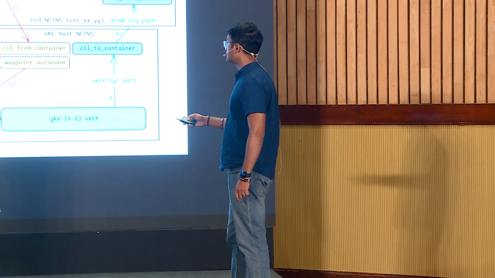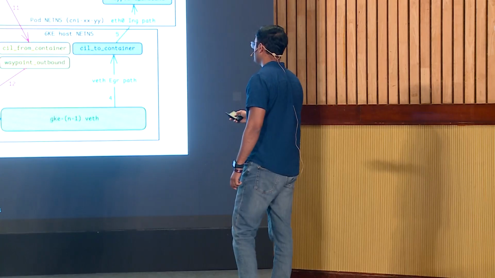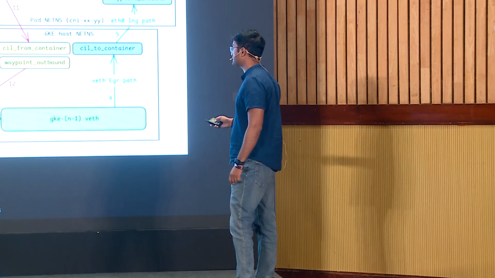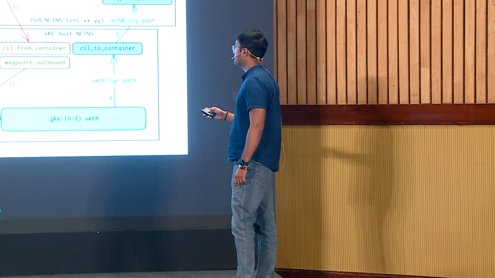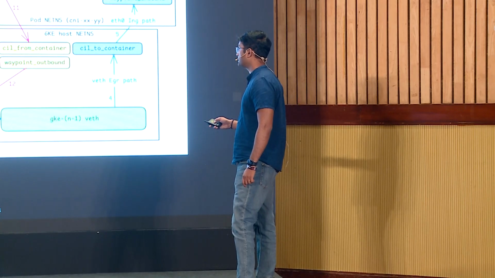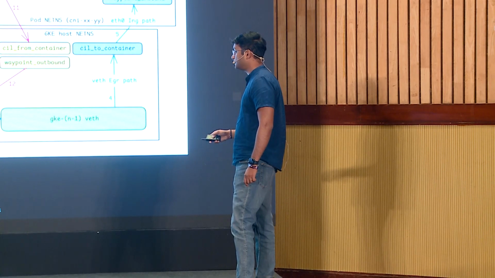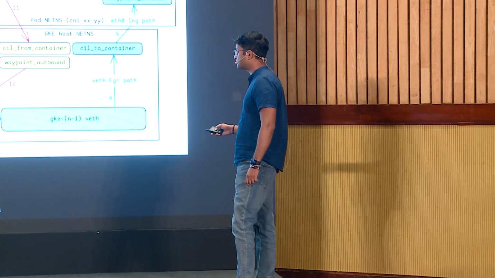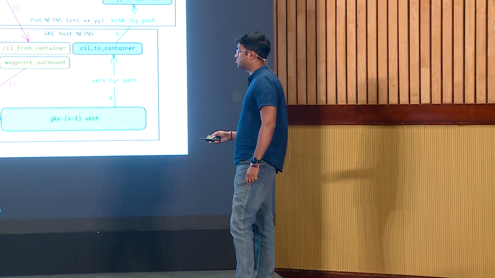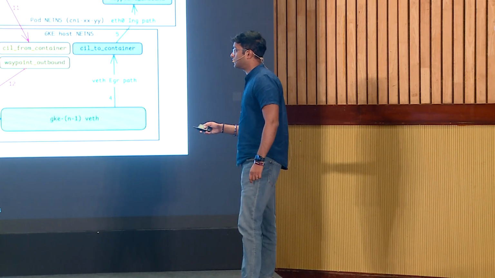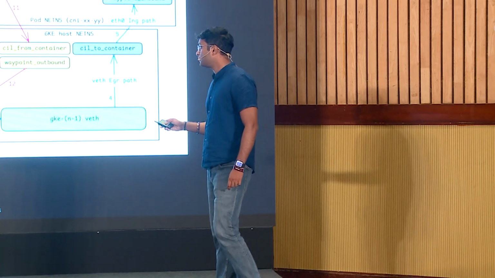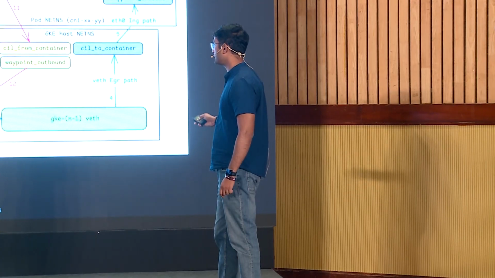And then when Envoy wants to send a packet back, exactly the same path in reverse order is followed. The packet ends up on the cil_from_container program, the waypoint outbound program is executed, which helps us identify the MAC address of the client or caller pod. Once the packet ends up here, the natural path is to go to cil_to_container, and then it ends up on the client pod. Now we have established the forward path and the reverse path.